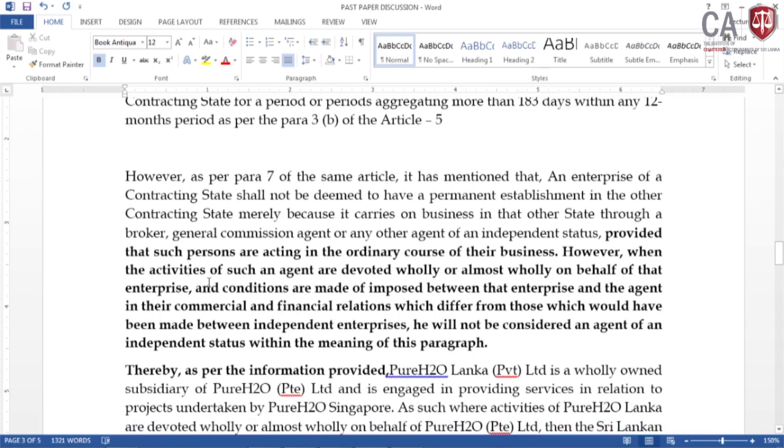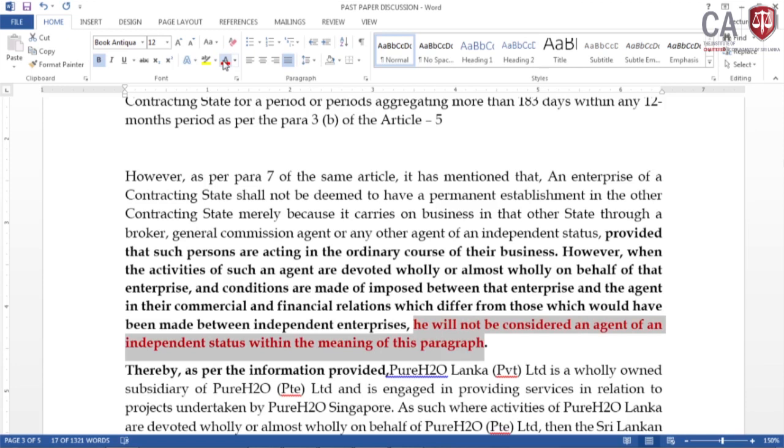However, when the activities of such an agent are devoted wholly or almost wholly on behalf of that enterprise, and conditions are made or imposed between that enterprise and the agent in their commercial and financial relations which differ from those which would have been made between independent enterprises, he will not be considered as an agent of an independent status within the meaning of this paragraph.